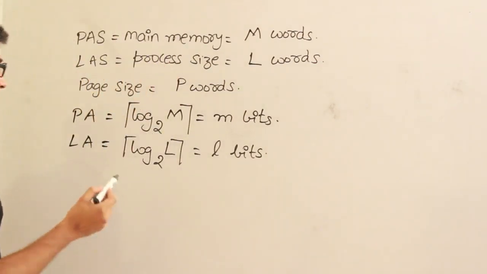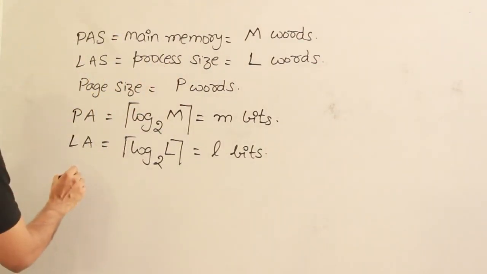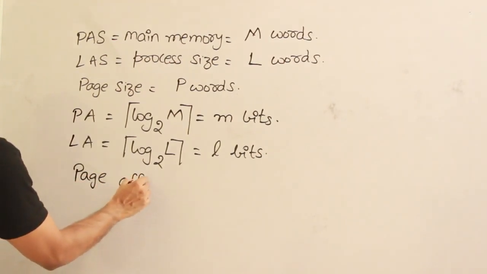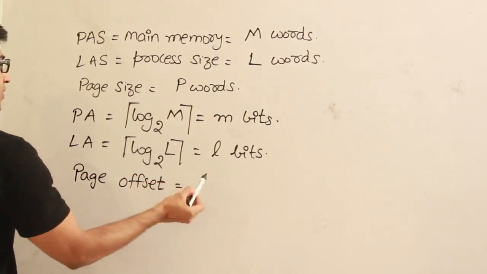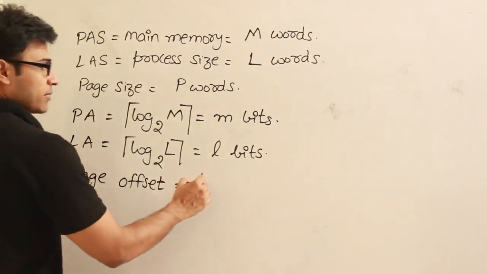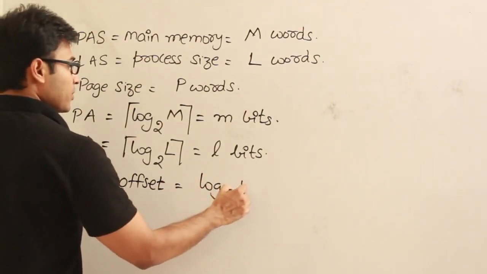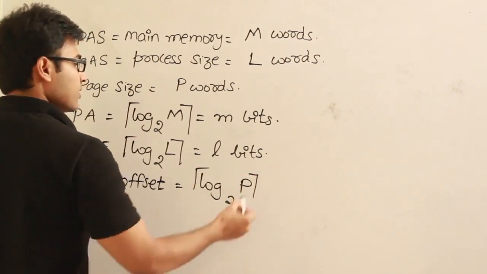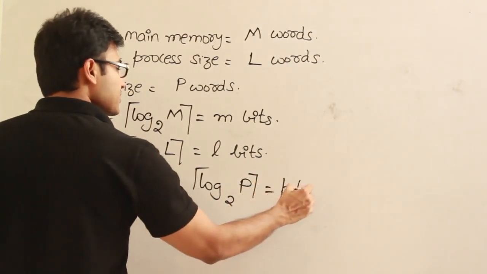That is what I am asking here. Then I'll call it the page offset. Page offset is nothing but the number of bits required to identify a word within a page. So page offset can be obtained by putting log P base 2 ceil. Let me call it p bits, right?